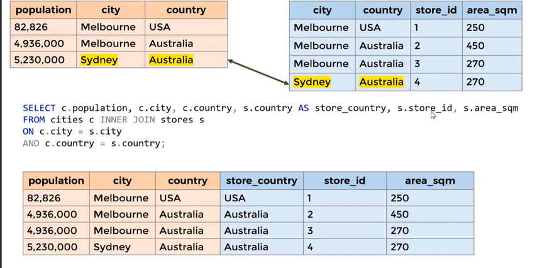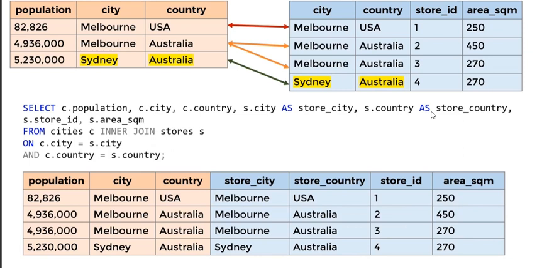Then we get Sydney, Australia joined to Sydney, Australia. For a full, complete illustration, let's include the city column from the stores table. We can now see that we get the correct result because both the city and country values from each of the two tables match.